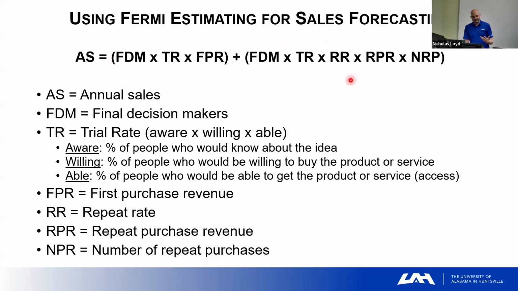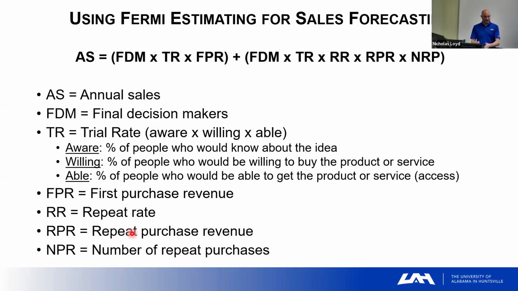If there is a repeat purchase, either a full repeat of a second one, or if there's like replaceable cartridges or something that's part of it, then there could be a repeat purchase, which is the final decision makers times the trial rate times the percentage of those that repeat buy in the first year times what the repeat purchase revenue per item is.